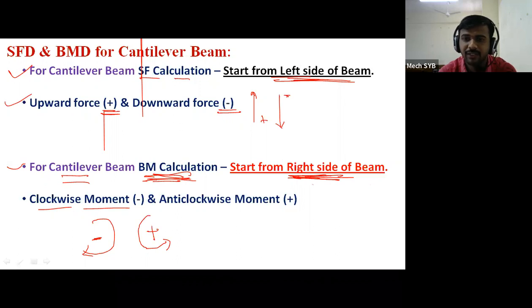Make double underline to this sentence, start from right side of the beam, and below that write down: clockwise movements and clockwise couples will be negative, and anti-clockwise movements and anti-clockwise couples will be positive.